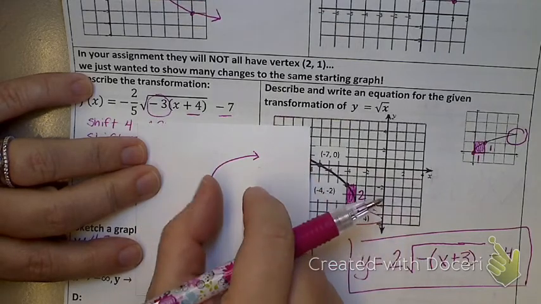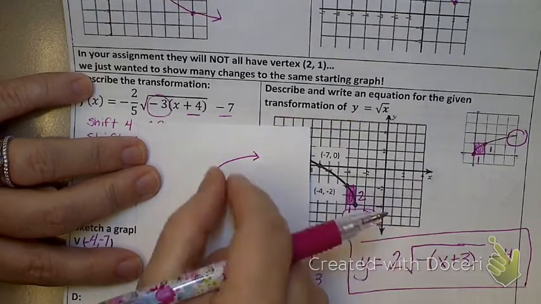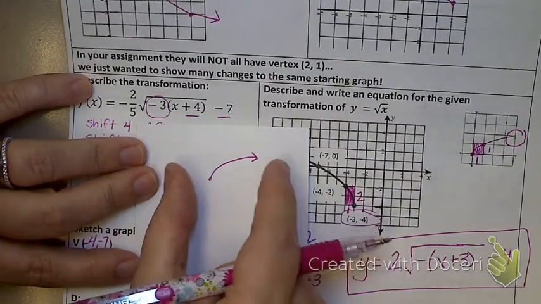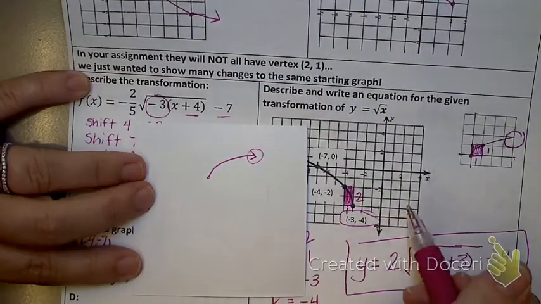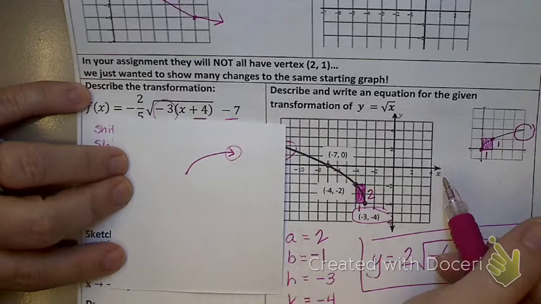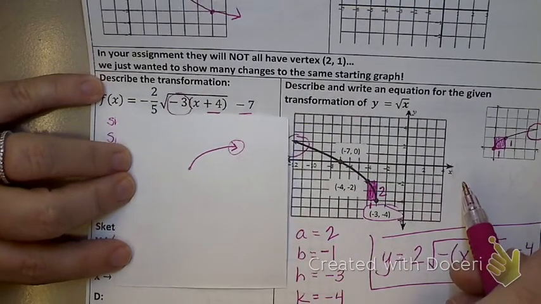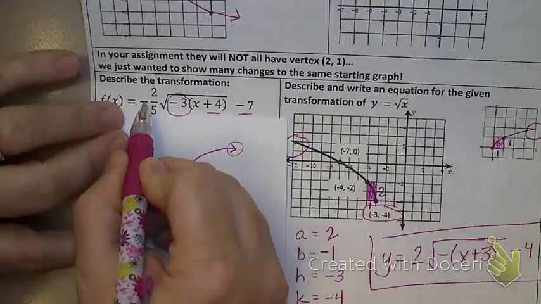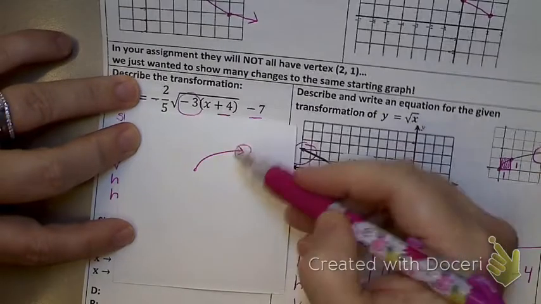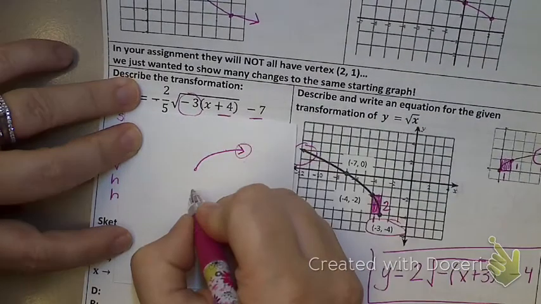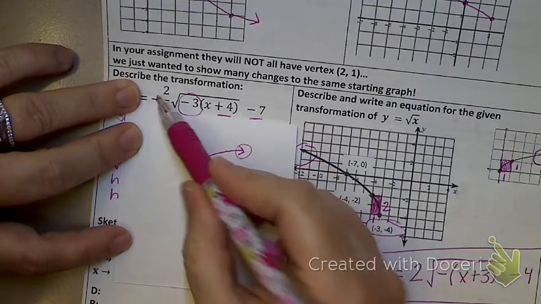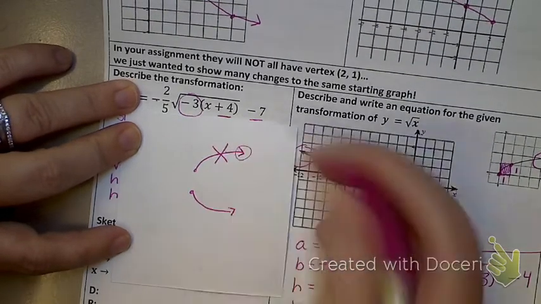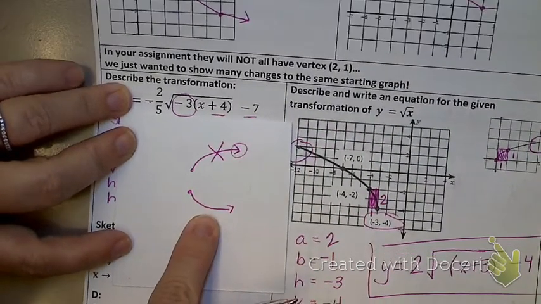It's not going to change what direction it's going. Stretching it, compressing it, vertically, horizontally, it's not going to change the direction this arrow is going. The only thing that's going to change that is a reflection, and I have 2 of them. Since I have a vertical reflection would flip this guy upside down. So if I have a vertical reflection, I no longer have the parent function, I have something that's flipped upside down.